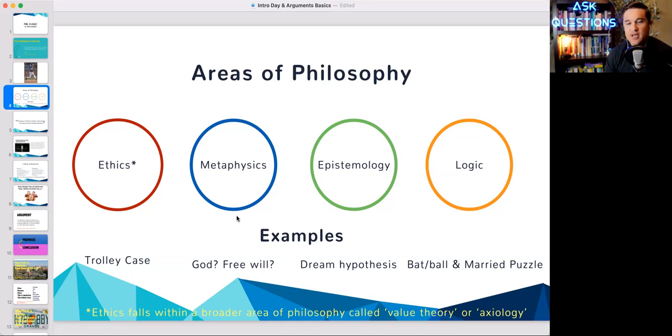The atheist might say, for the sake of argument, I will grant to you that God is real. And if I grant you that, here's my follow-up question. What is God's nature? What is God like? Does God have any essential features? So that's asking the second major metaphysical question.